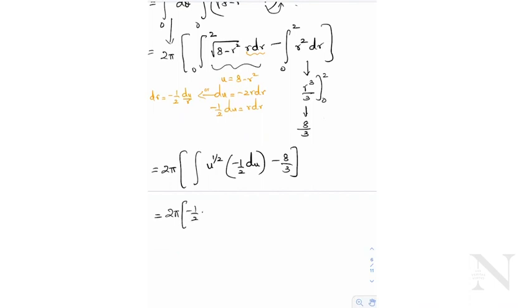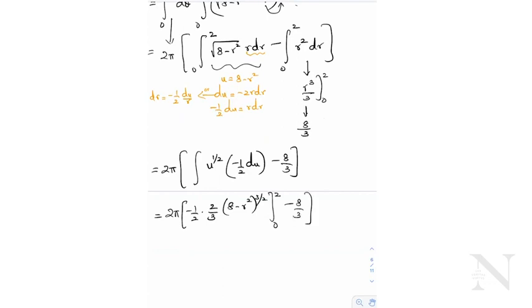The integral of u to the 1/2 is u to the 3/2 over 3/2, that's 2/3. And u to the 3/2 would be 8 minus r squared to the power of 3/2. Don't forget the exponent of 3/2. Sometimes students, when they plug things back in, just write 8 minus r squared 3/2. And r goes from 0 to 2, minus 8/3.